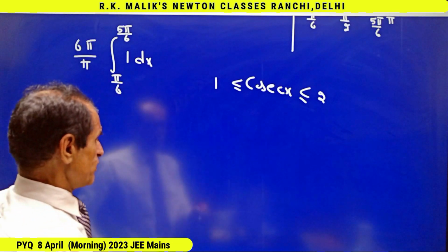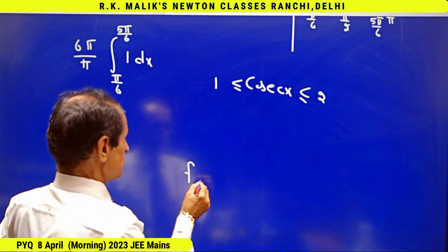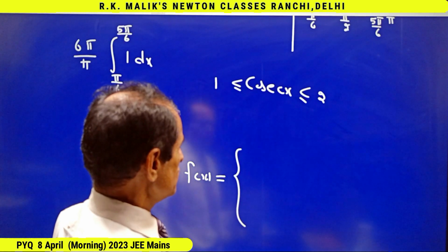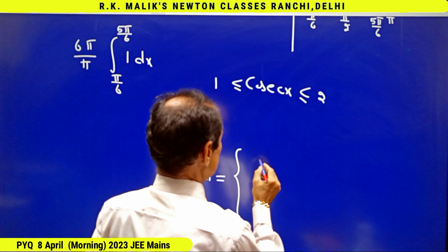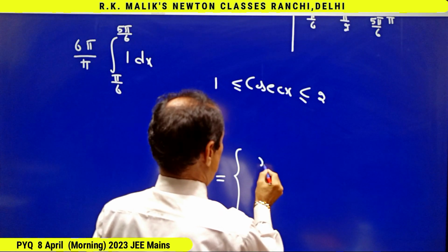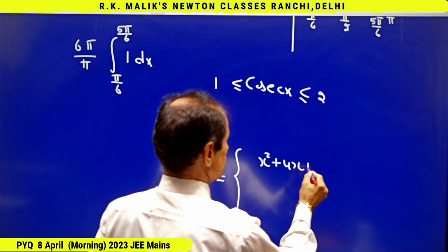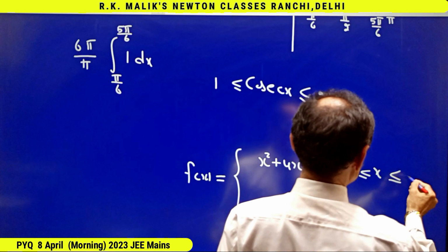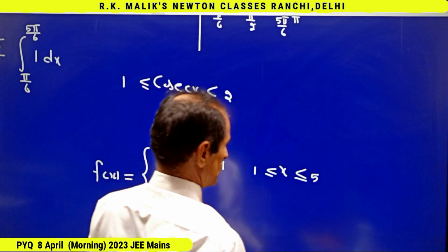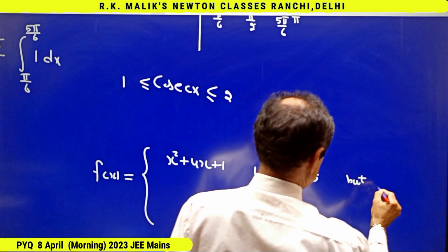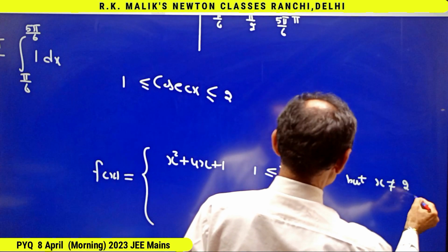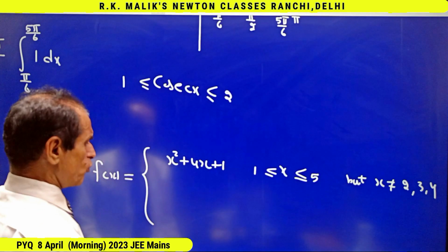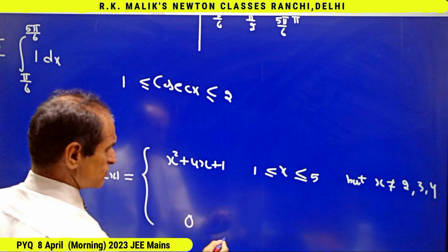I will explain it in this way. Suppose f(x) is some function and it has the value x square plus 4x plus 1 for x lying between 1 and, say, 5, but x is not equal to 2, 3 and 4. If x is 2, 3 or 4, in that case the value is 0.